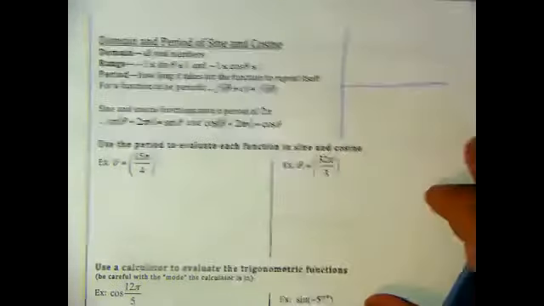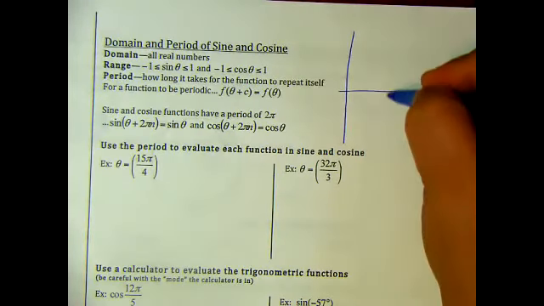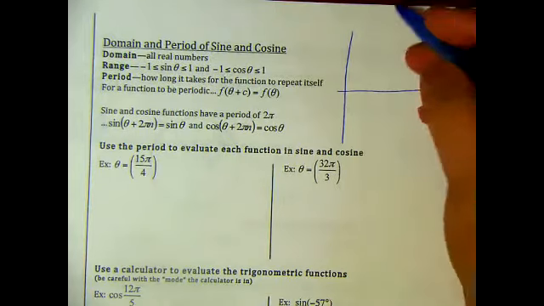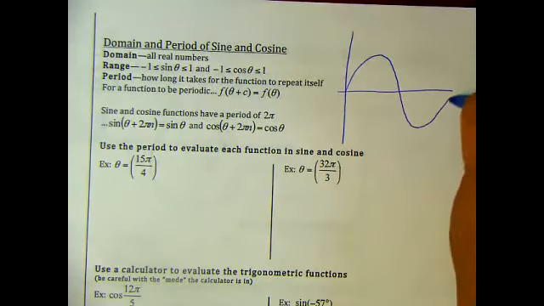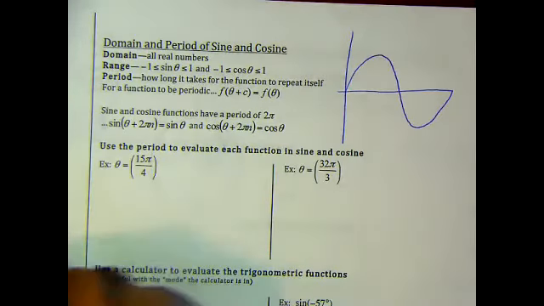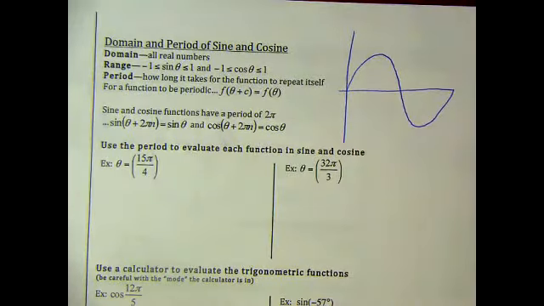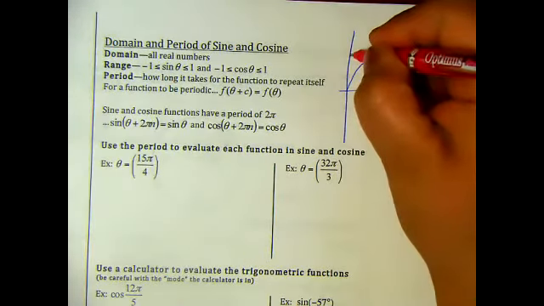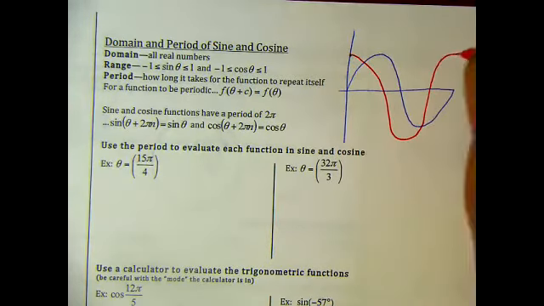So what we were really doing is we were essentially bringing down the rotations, right? Well, when we talk about graphing sine and cosine, that's essentially equivalent to talking about the period of sine and cosine. So when we talk about period, in the graph of sine and cosine, one period is one complete movement of the graph. So for sine, that looks like this, right? For cosine, that looks like this, right?